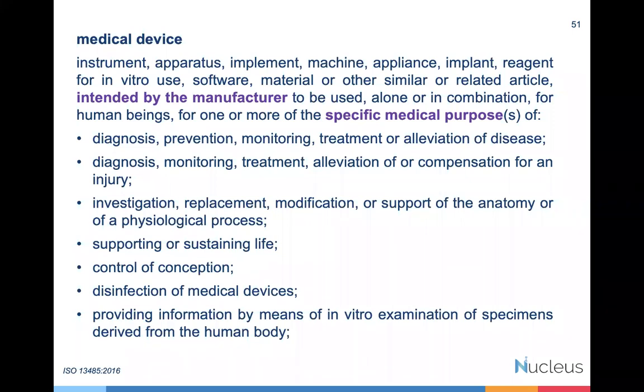I repeat that word again: intended by the manufacturer to be used alone or in combination for human beings for one or more of the specific medical purposes. There are various purposes they have given here: diagnosis, prevention, a lot of things.